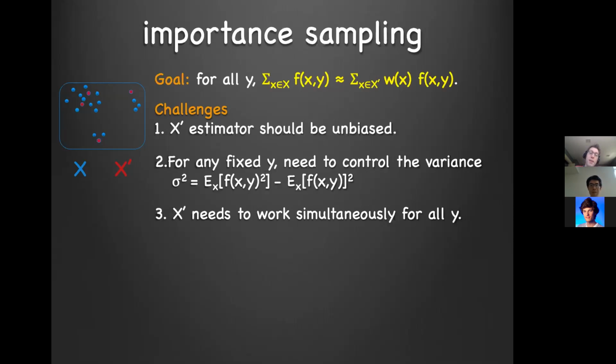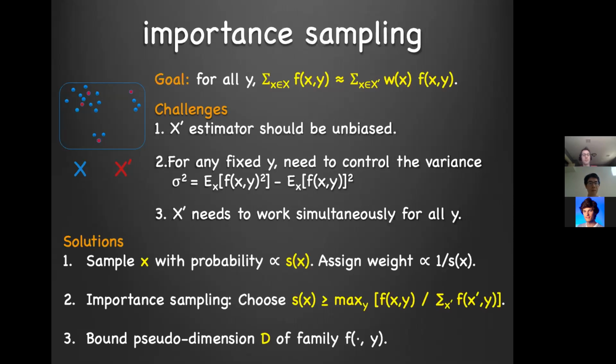And this should be unbiased. So in expectation over my choice of x prime, this should give me the right answer. The second one is I also want the variance to not be too large, so the fluctuations over x prime should not be too large. And finally, this should work not just for one y, but for all y simultaneously.